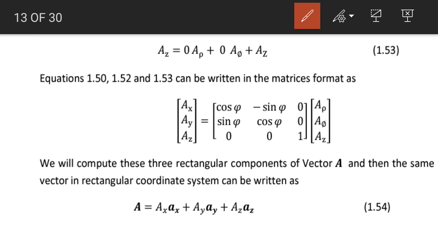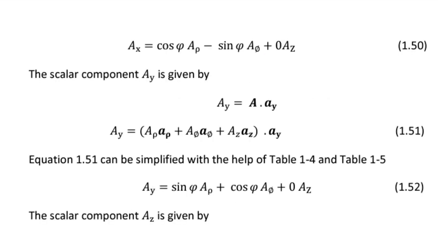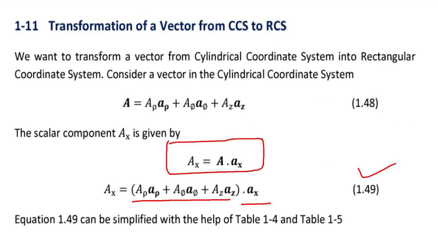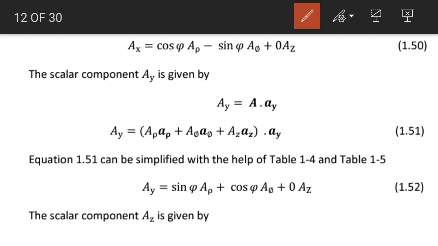We don't need to calculate the z component because A_z will be equal to 0 A_rho plus 0 A_phi plus A_z. So what we do, we consider these three equations. Let us consider equation number 50. This is equation number 50, which gives you A_x. Here is equation number 51, which gives you A_y.